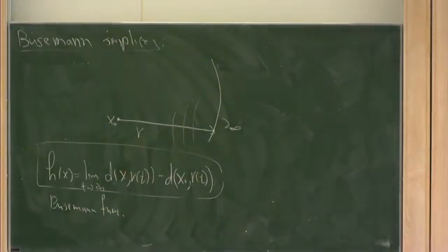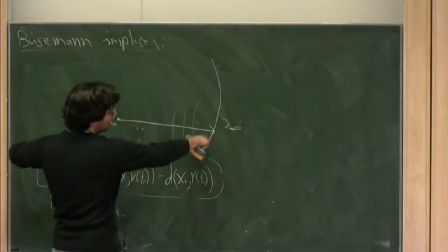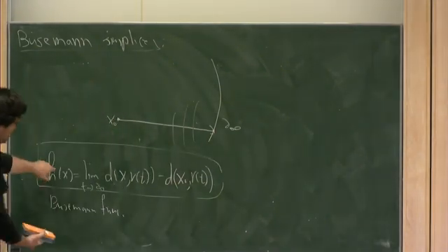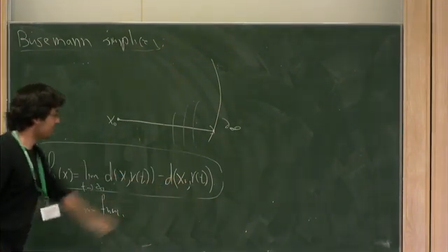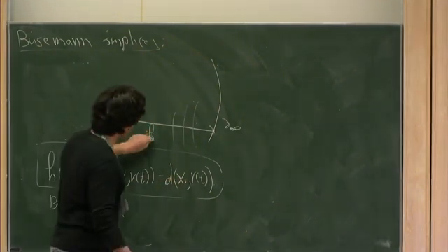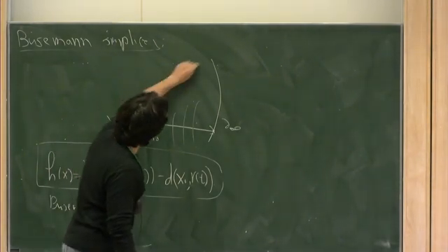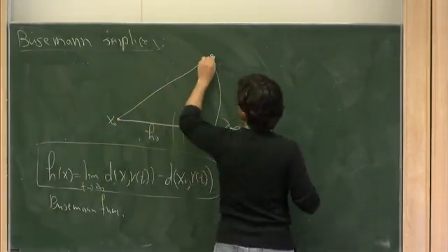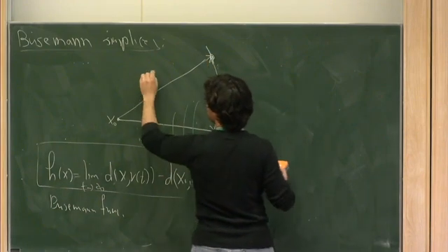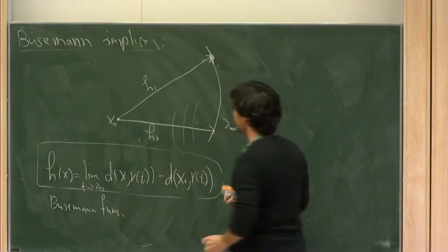So if you have one point at infinity, you have this Busemann function corresponding to it, up to a constant. You call it h0. If you have another point at infinity, you have another Busemann function, call it h1.